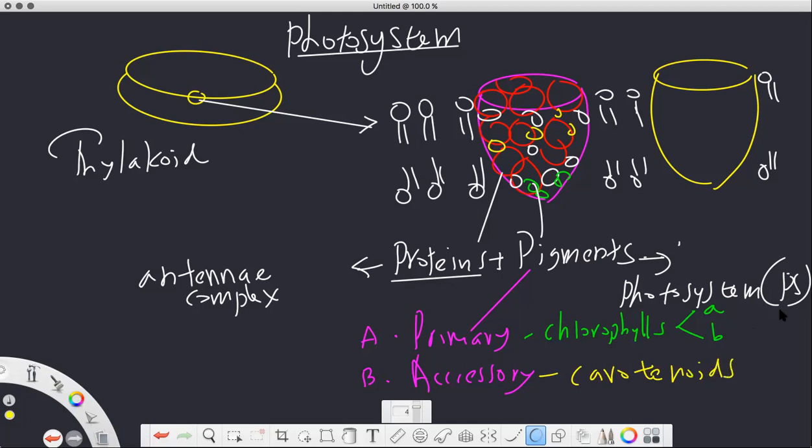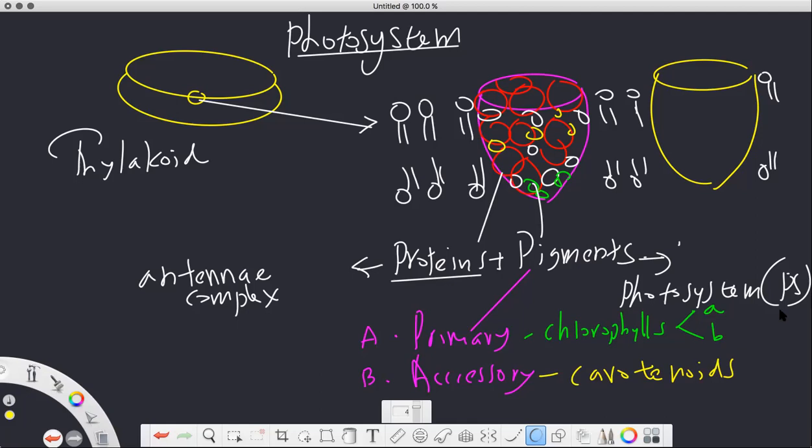Right. They're also important for photosynthesis. They can also contribute to photosynthesis. But there is a difference between primary and accessory pigments. Primary pigments are dominating, and their contribution is very significant for photosynthesis. We'll see later on why they are important.